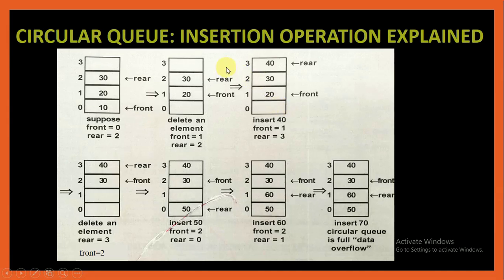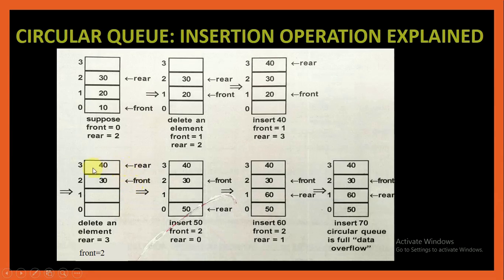Let us see how. Now we perform one more delete operation. The element at the beginning of the queue, that is 20 in this case, will be deleted. So my front will be incremented by 1 and front will become 2. Rear will remain 3 and front will become 2. Now suppose I want to insert one more element.